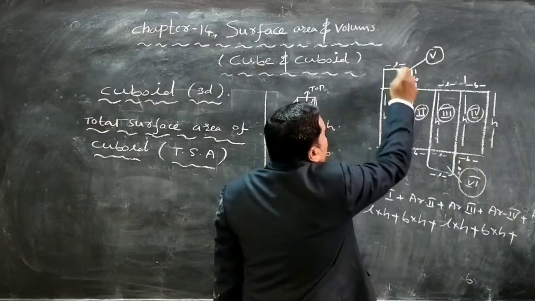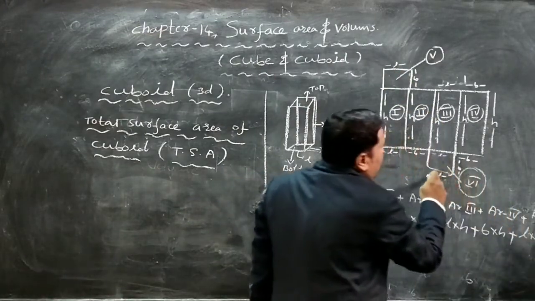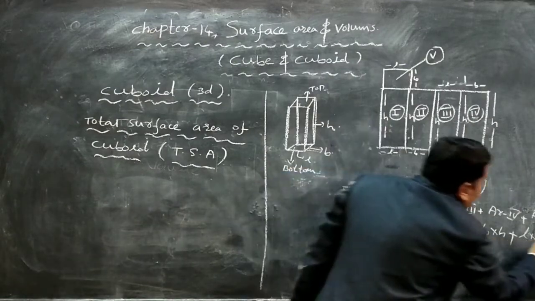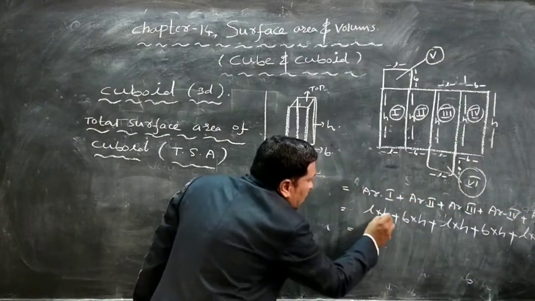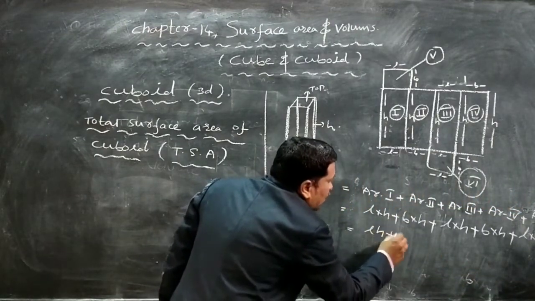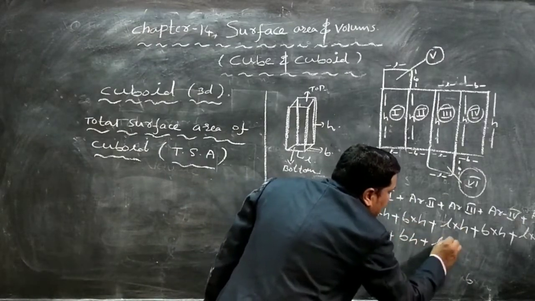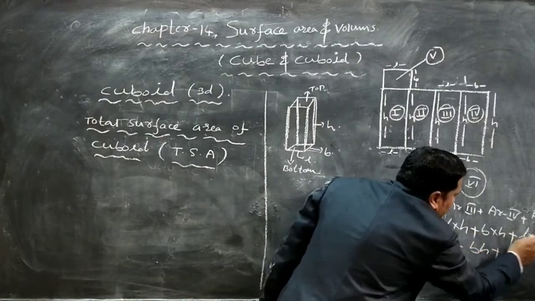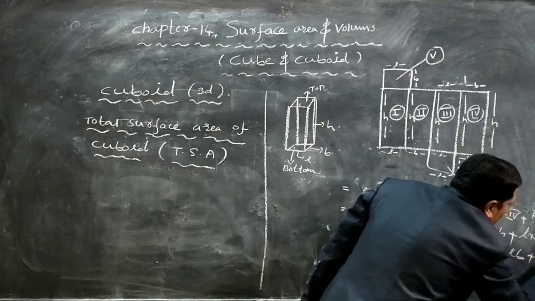Next, top, the fifth one, L into B, and the sixth, last one, bottom, L into B. This is equal to L into H, means LH, plus B into H, means BH, plus L into H, means LH, plus B into H, means BH, plus L into B, means LB, plus L into B, means again LB.